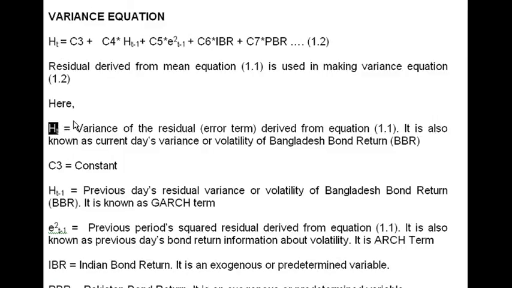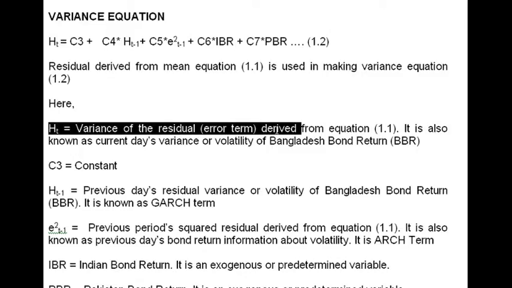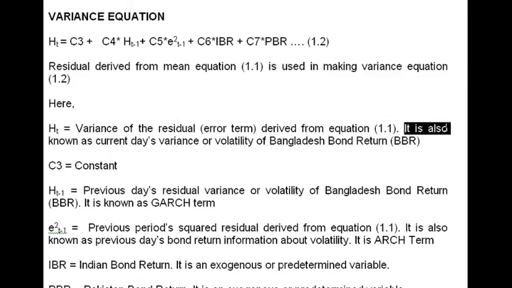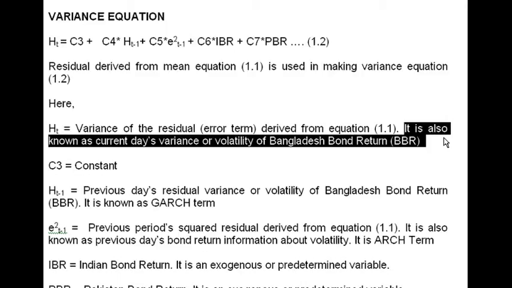It is also known as the current day's variance or volatility of Bangladesh bond return. So what is HT? The volatility of Bangladesh bond return, that is BBR, right? So that is HT. And what is BBR?